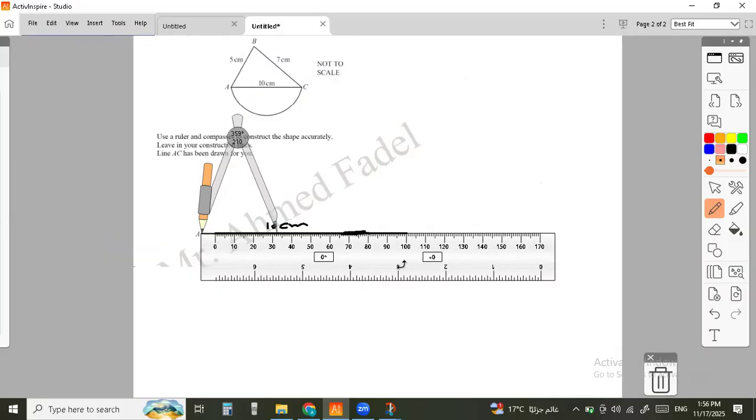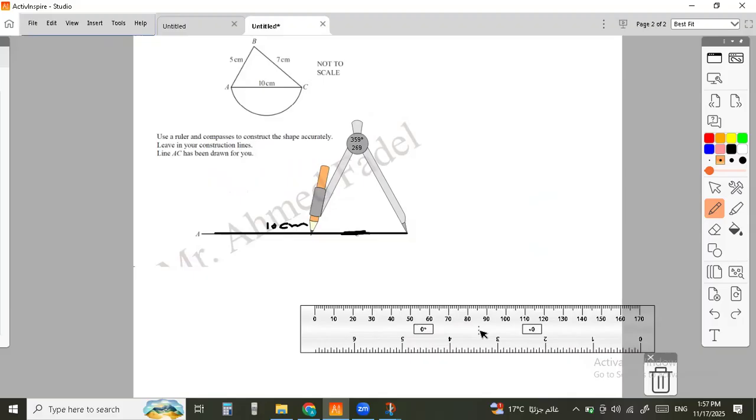Then now you need to open my compasses on 5, I mean. Definitely things are going to be easier. I opened it on 5 centimeters.